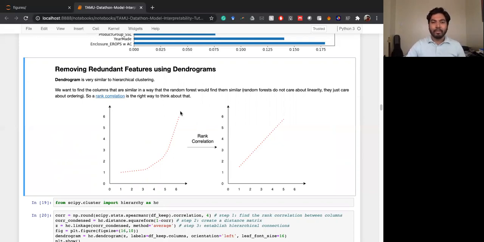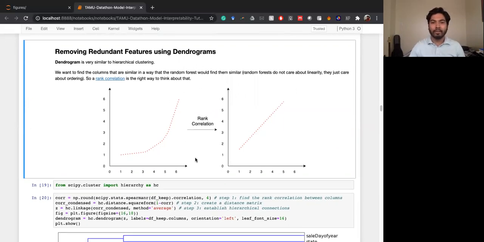The way random forests work, they only focus on the ordering of the data. They aren't able to capture whether the data is linear or non-linear. The only thing that matters is the ordering.